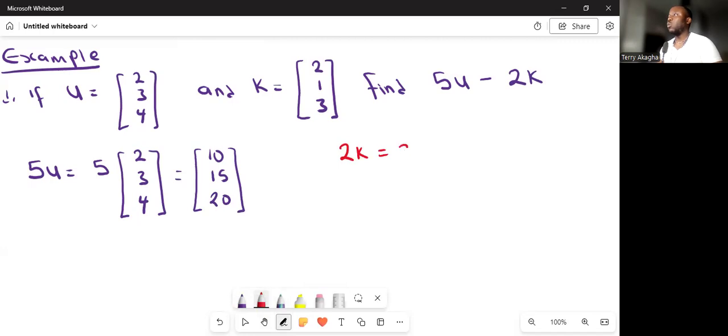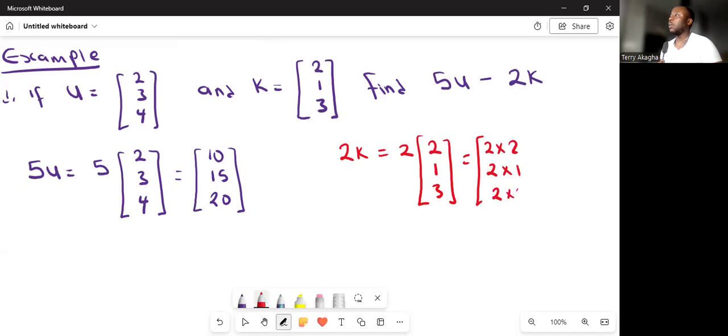It's going to become 2 into bracket, k is what? 2, 1, and 3. If you remember, I told you you're multiplying. So it's going to be 2 times 2, 2 times 1, and 2 times 3. And this gives us 4, 2, and 6.